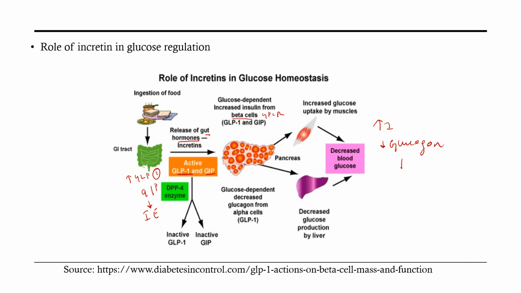And that will lead to promotion of satiety. These incretins are degraded by this enzyme, which is called the DPP4 enzyme. Now, this DPP4 enzyme is blunted in patients with type 2 diabetes mellitus.